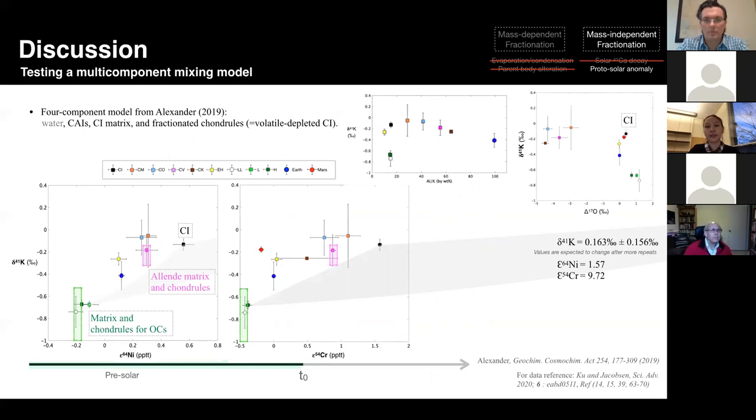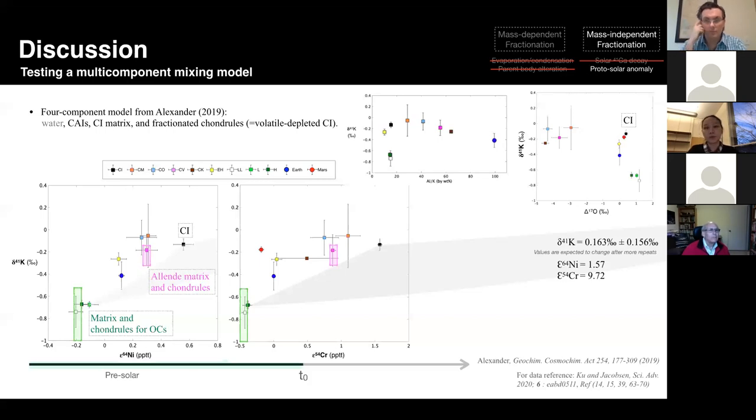For example, we measured SBJ 101 recently, and it actually has a very close potassium isotope to what we calculated. Different CAI may have different potassium isotopes, and that may shift or change the mixing model that we just presented here. However, right now we only measured one CAI, and I do not believe that different CAI will change the result of the mixing model that we just presented.